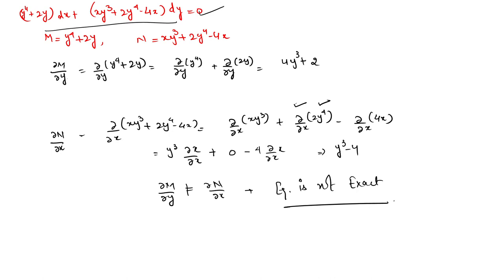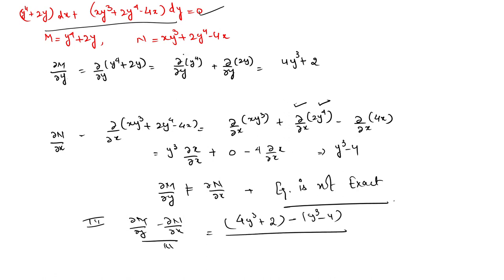On the other hand, if we go with the third rule, according to the third rule, we have (del M by del y minus del N by del x) divided by N. So if we go with it, it is (4y cube plus 2 minus (y cube minus 4)) divided by (xy cube plus 2y^4 minus 4x).